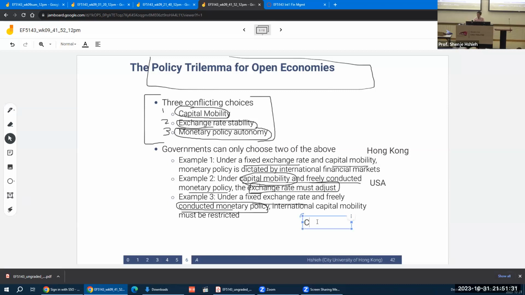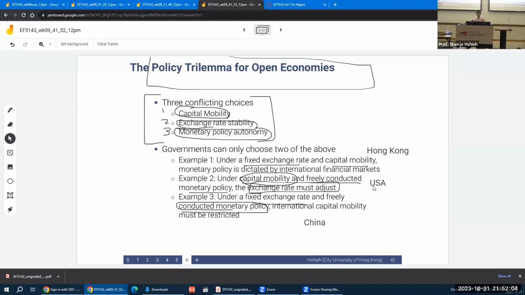So this is China. I hope that's obvious to everyone now, right? Hong Kong is fixed, we allow capital mobility. Whenever there's movement in capital, we have to intervene with monetary policy to restore the peg. That's the whole point. Monetary policy is dedicated to maintain the peg. That's Hong Kong and Singapore and so forth. The US is laissez-faire. They don't care what the exchange rate is. They want to use monetary policy at will to satisfy their internal governance, and also free capital mobility.